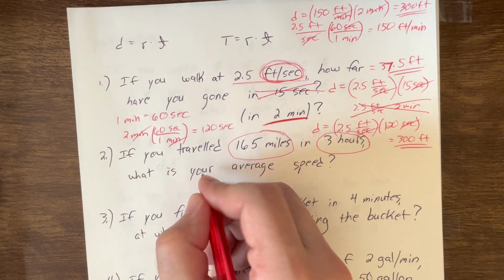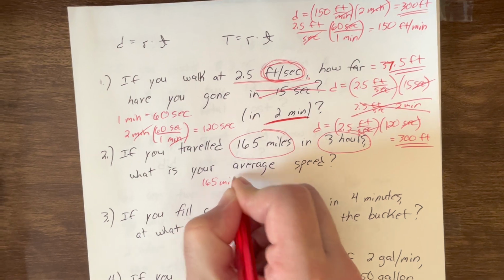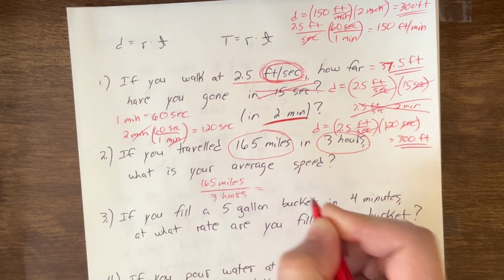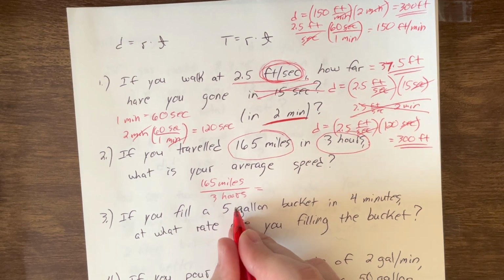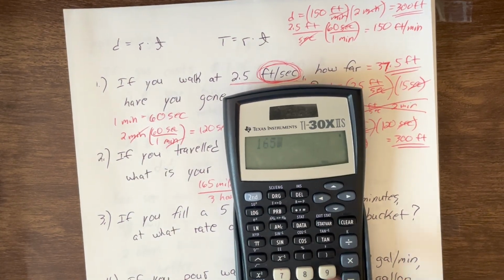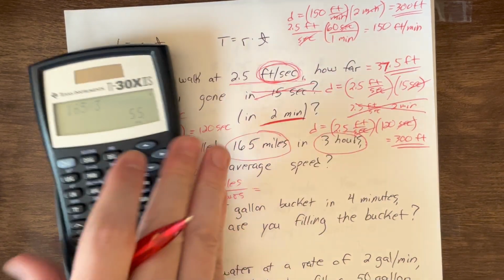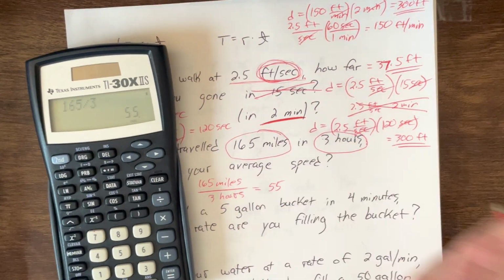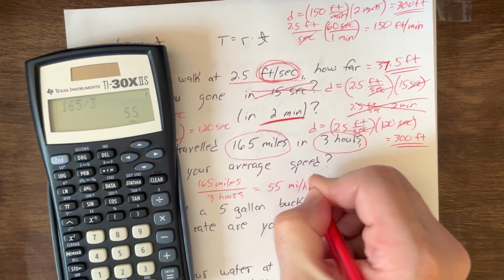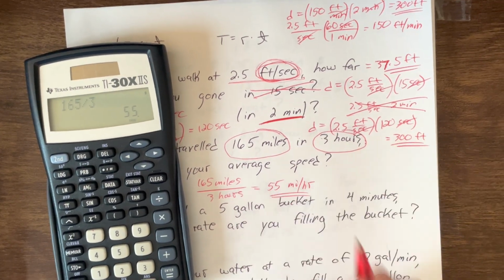Well, that would tell me, take the miles traveled, divide by the time. Nothing cancels here, and that would end up numerically 165 divided by 3 is 55. And units, miles divided by hours, gives us the expected miles per hour.